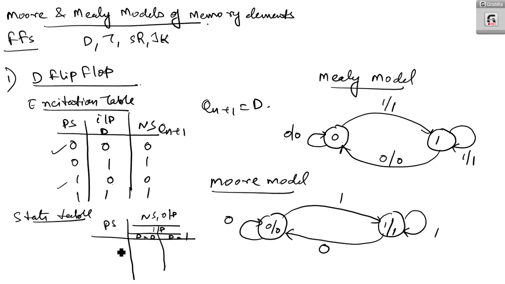So present state is 0, 1. If present state is 0 and input is 0, the next state is 0 and output is also 0, so it is 0 comma 0. Now when present state is 0 and input is 1, what is my output? Output is 1 and the next state is 1, so output is also 1.